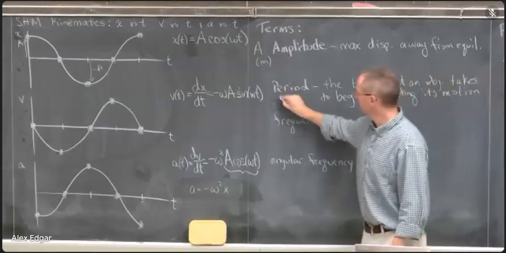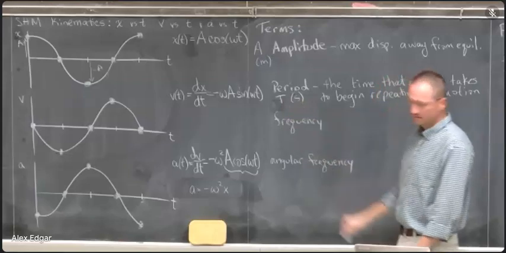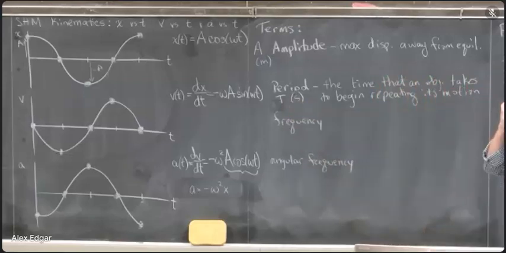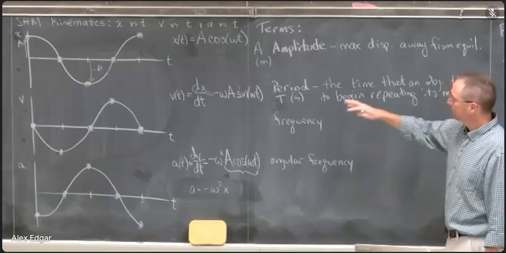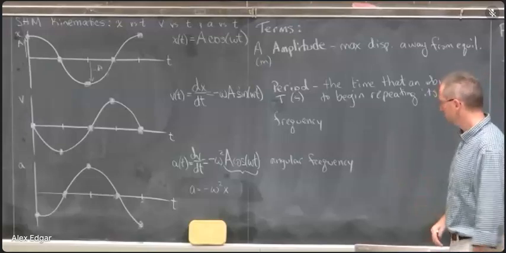And we represent that with a capital T. That's usually measured in seconds. Now, again, that capital T is a special time. It is not the variable time. And for any given mass on a given spring, that big T, that period, is not going to change.